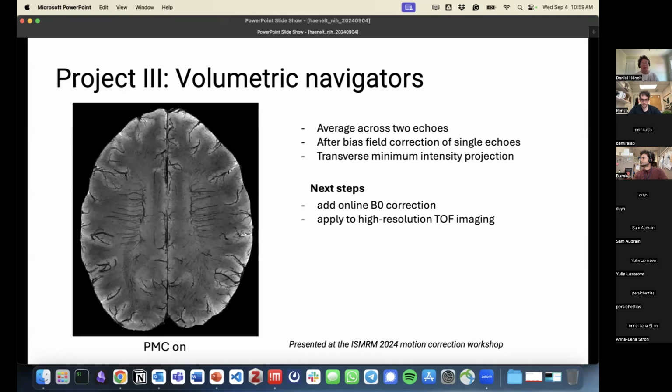His main idea is now to add dual echo EPI, which can then be used for prospective motion correction and also for field estimation for online shim correction. We also plan to acquire high resolution time of flight data with volumetric navigators in the near future.